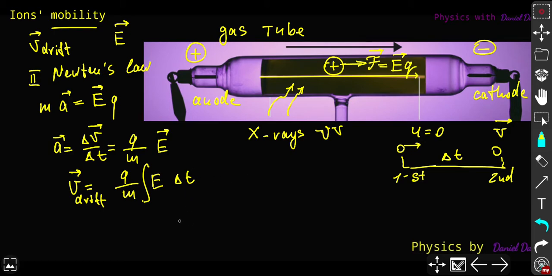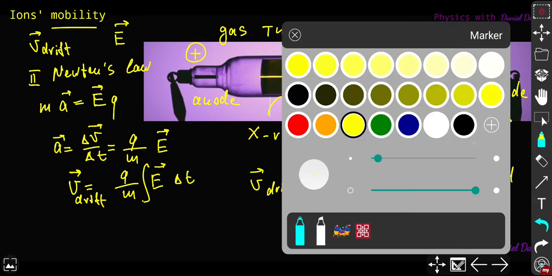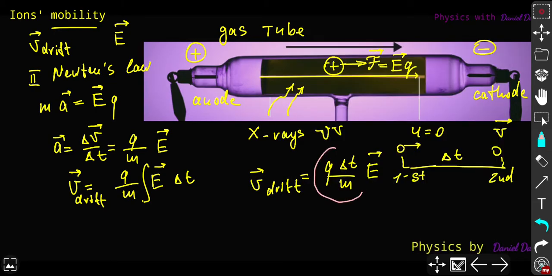And in this case, we arrive at the following: the drift velocity is proportional to electric field strength with some coefficient that depends on the effective charge, on effective mass, and delta t, where delta t is the time between consecutive collisions.